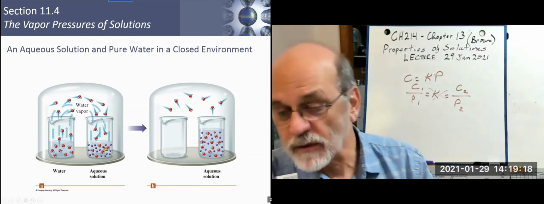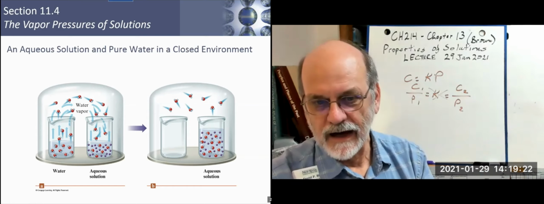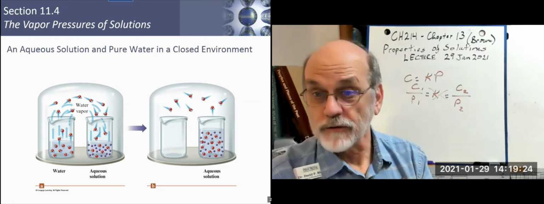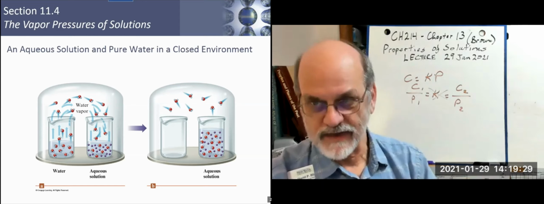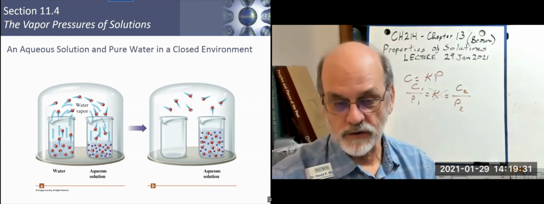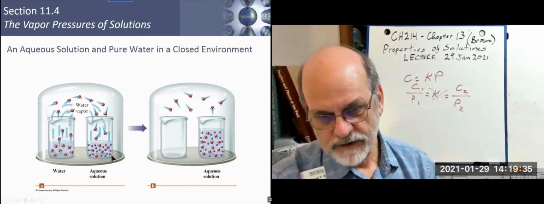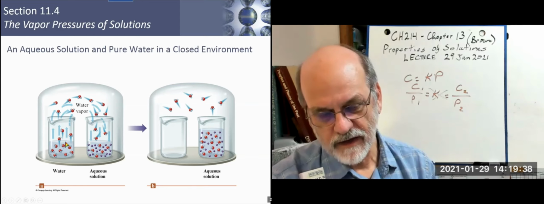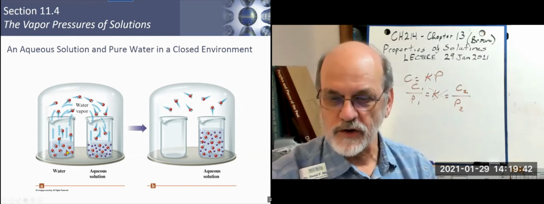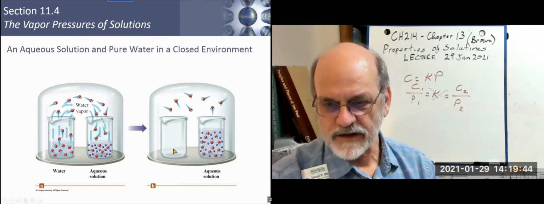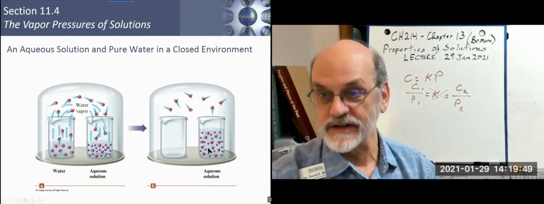It could be sodium chloride, it could be potassium nitrate, or sulfuric acid, which is a very effective one, and it happens very quickly with that one. So sometimes that's what we use. You just have to be careful handling it. If we put the high concentration over here and the pure solvent over here, what you notice over time is that the solvent disappears and the solution volume increases.